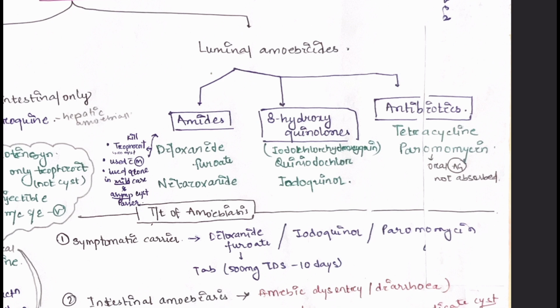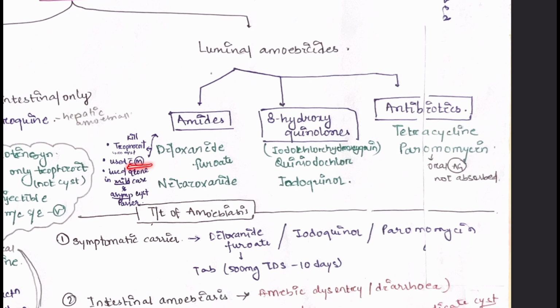We are not going to see this in detail, but there are some points to remember about diloxanide furoate. It is an anti-amoebic drug which is used as a luminal amoebicide. It's an amide. It kills the trophozoite so that no cyst will be formed.